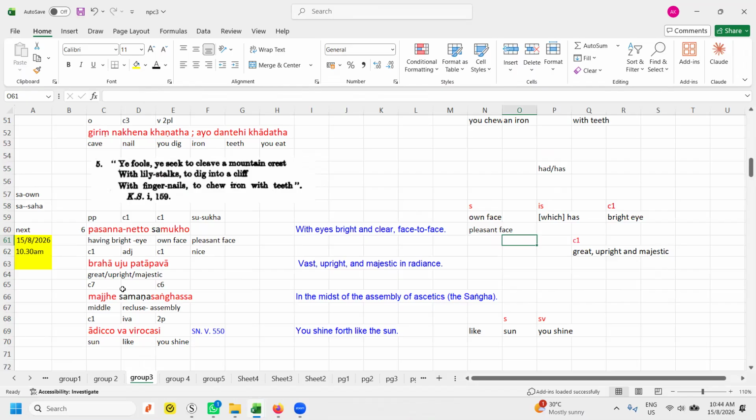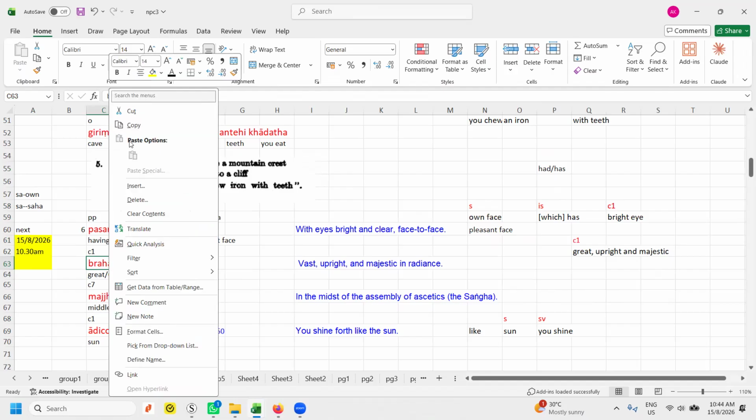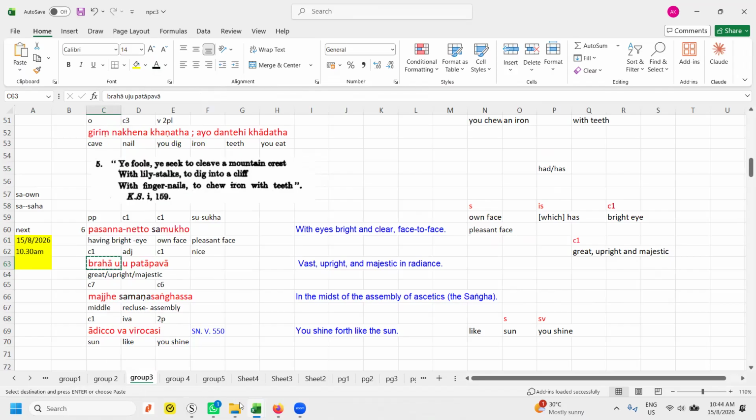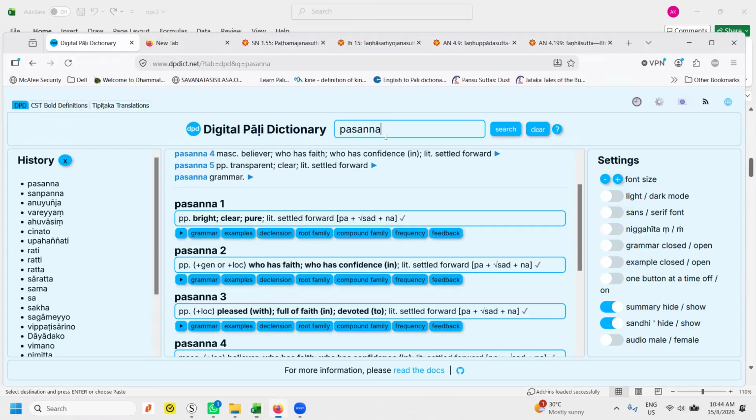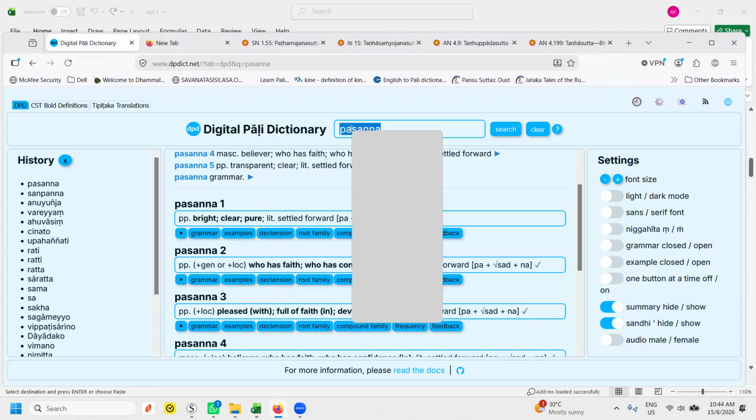Now this one is Raha Uju. This is Pata Patapawa. So in this case, all these are adjectives to this. Long, Uju, and Patawa. Let's check one by one. After seeing, then only you can decide, because it is talking about the face.